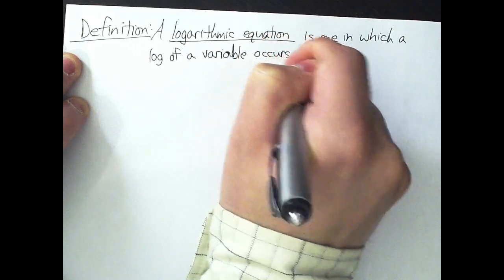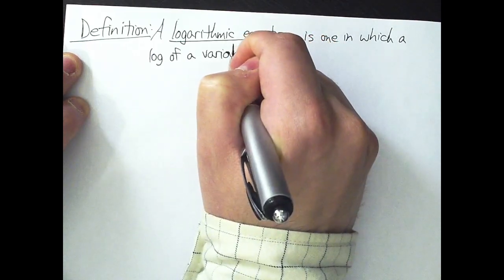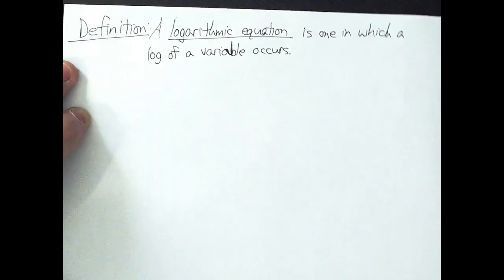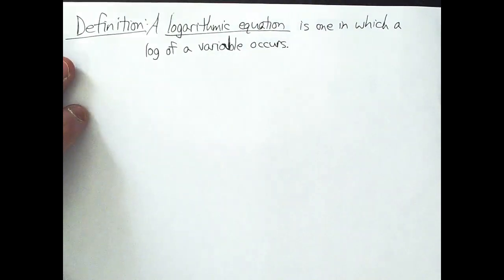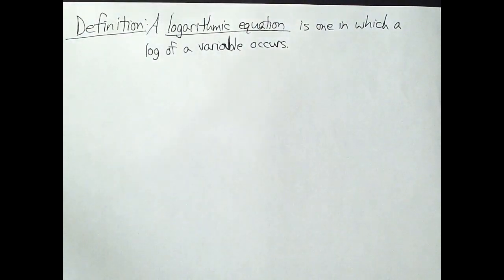It's not just any equation that has the word log in it. In particular, a log of a variable occurs, and the variable is usually going to be called x. It could be a log with base 10, base e, or any base, but the variable is going to be on the inside of it.